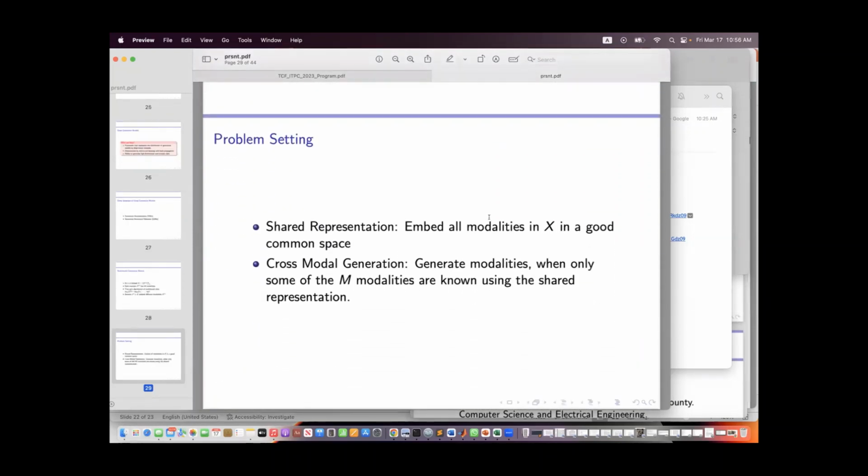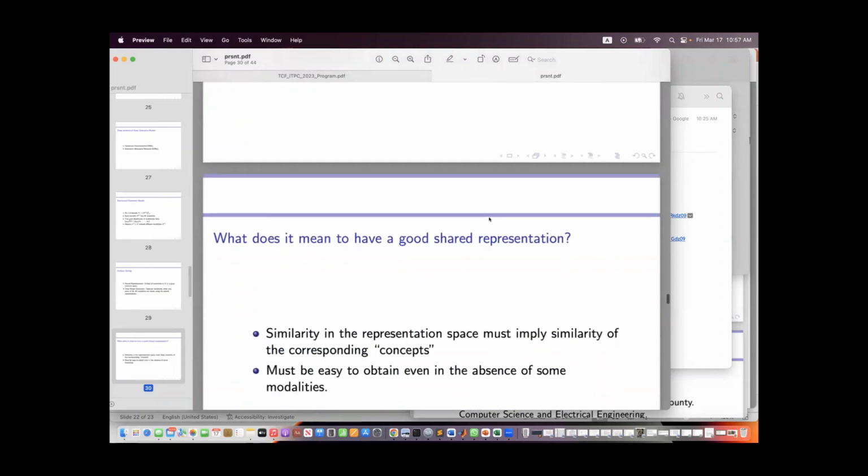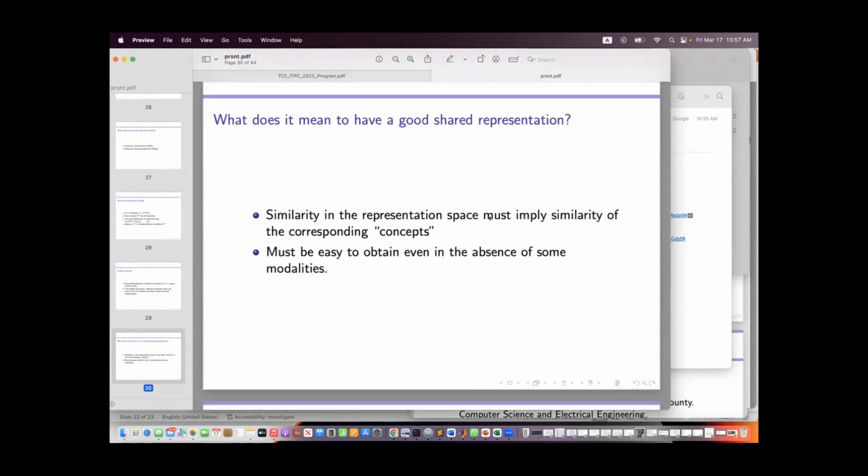The two most important things in such a problem setting are the ability to share across modalities and to generate across different modalities. So what does it mean to have a good shared representation of your data across modalities? We need similarity in representation space, which implies that we want them to learn the same concept.